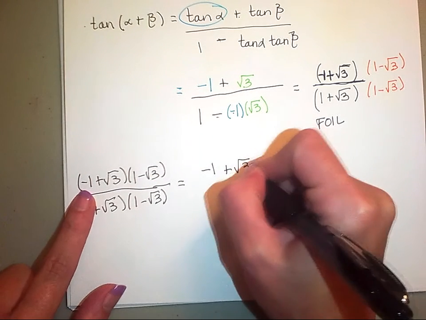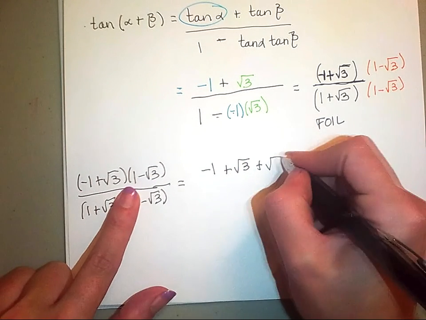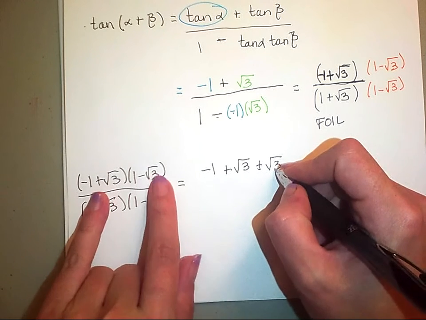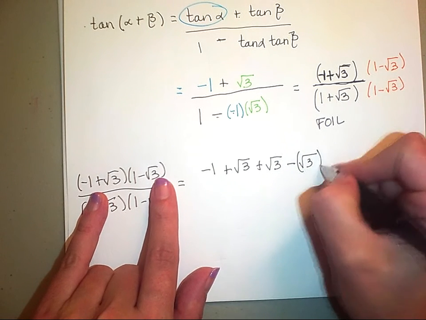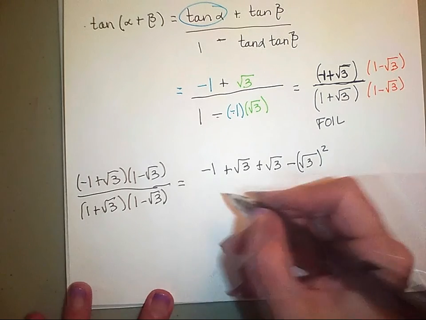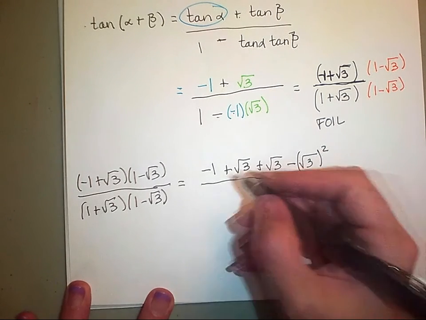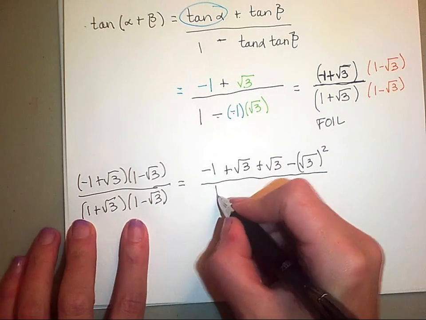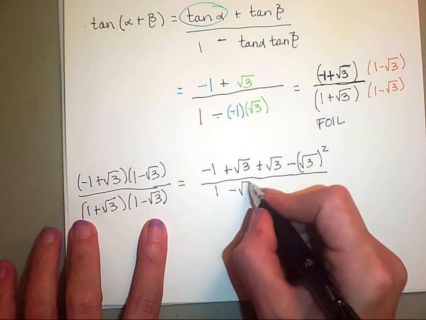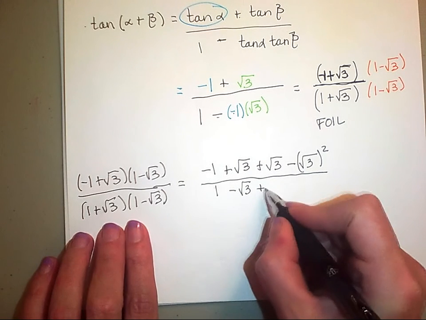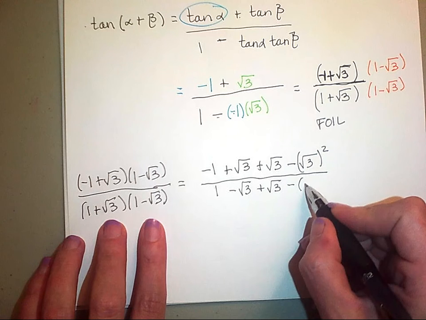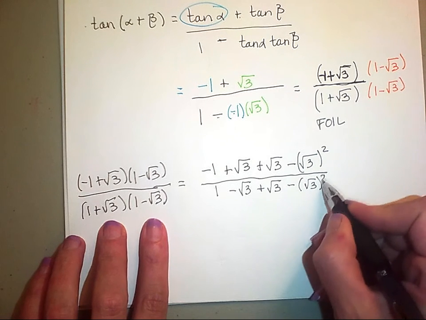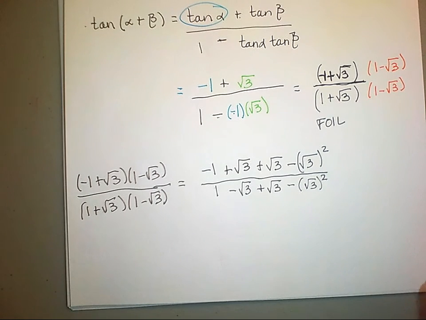Then plus square root of 3, plus another square root of 3, and then our last is minus the square root of 3 squared, over 1 minus square root of 3 plus square root of 3, then minus square root of 3 squared, by FOILing.